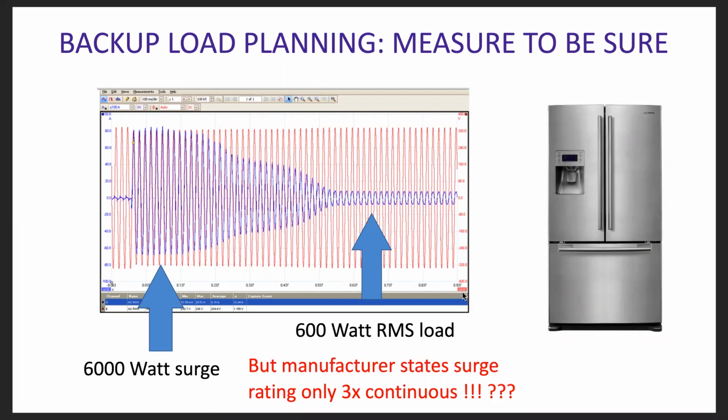This is an example of a refrigerator that the manufacturer stated had a 3 times continuous surge peak, but it was measured at right about 10 times that base level load. So while I don't expect people to have a field oscilloscope or a data scope to measure that, an inrush detection Fluke meter or any other kind of ammeter with inrush detection on it will show you that.